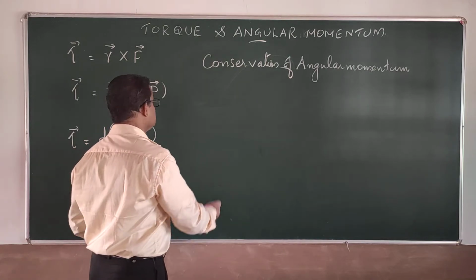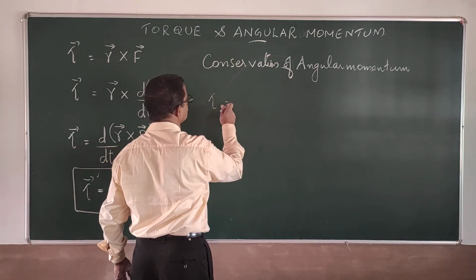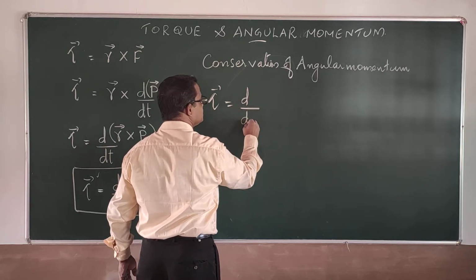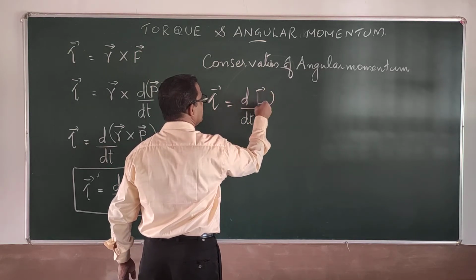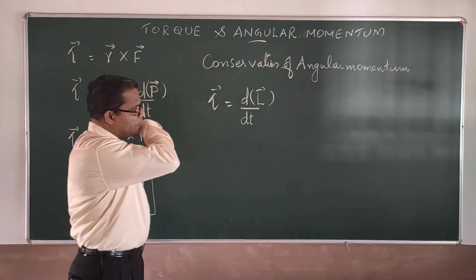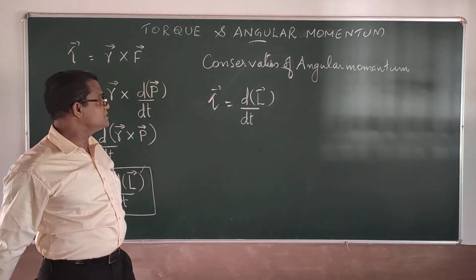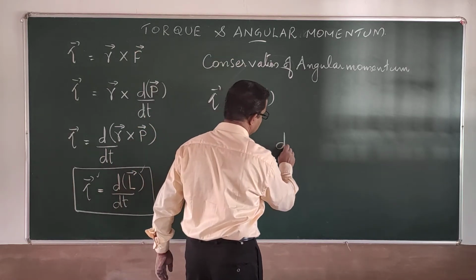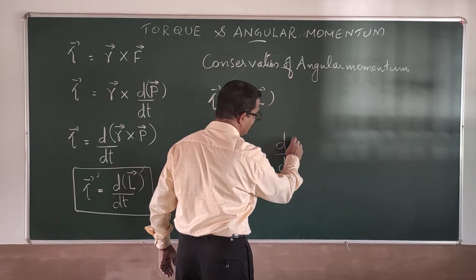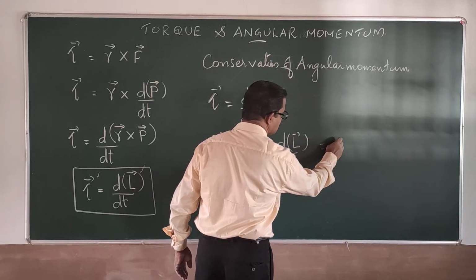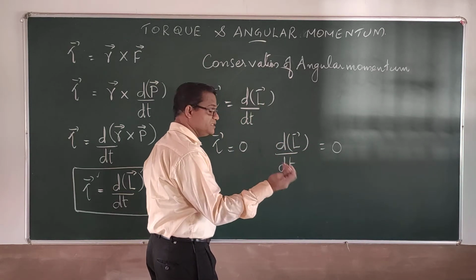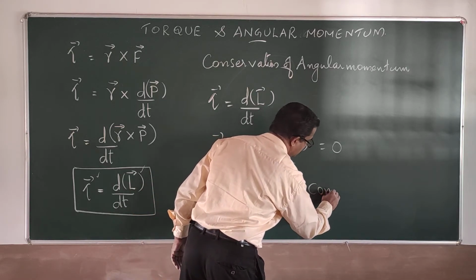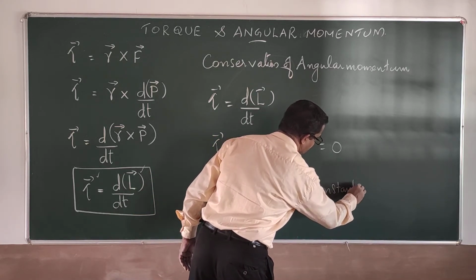So, taking this equation, torque tau equal to the time rate of change of angular momentum L, if no torque is acting on the system, then torque tau equals 0, and you can find that d by dt of angular momentum will be 0. That rate of change is 0, that means there is no change in L, that means L remains constant.